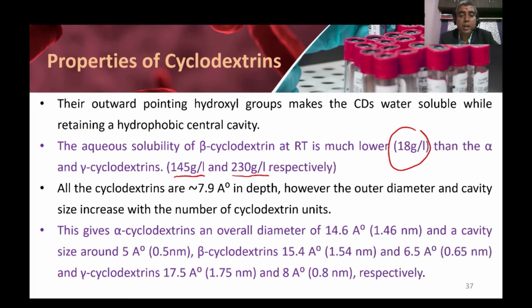This gives alpha cyclodextrin an overall diameter of 14.6 angstrom and a cavity size around 5 angstrom. Beta cyclodextrin has 15.4 angstrom and a cavity size of 6.5 angstrom, and gamma cyclodextrin has a diameter of 17.5 angstrom and a cavity size of 8 angstrom.